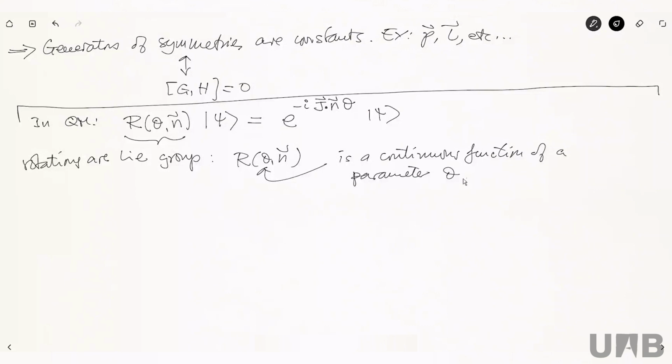So the elements of the group are functions of a certain parameter, and when the parameter is very small, this is the first correction to the identity. So the first correction to no change whatsoever is the generator.